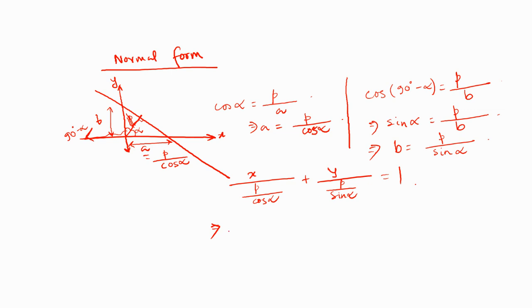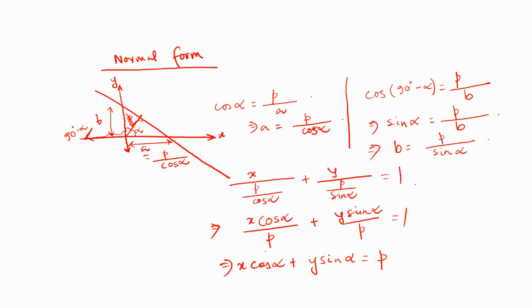Let's solve this equation. From here we get x cos alpha by p plus y sine alpha by p equals 1. From here we get x cos alpha plus y sine alpha equals p. So this is called the normal form.